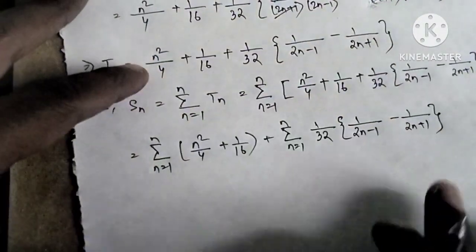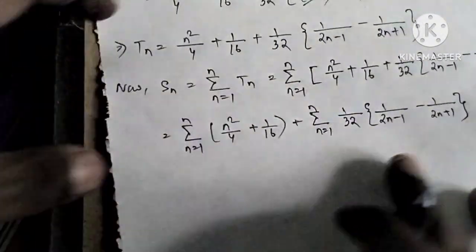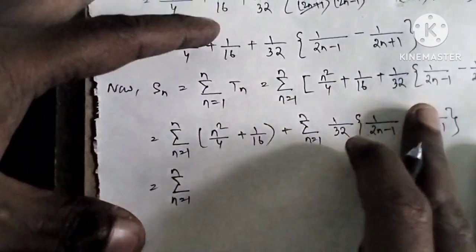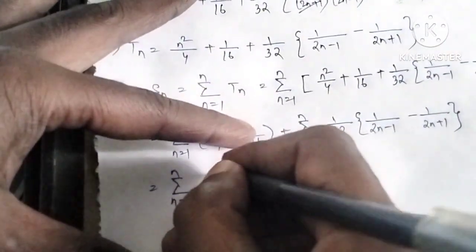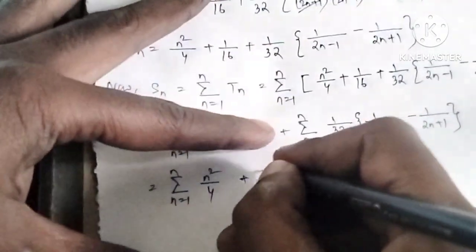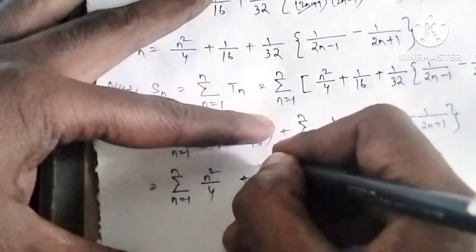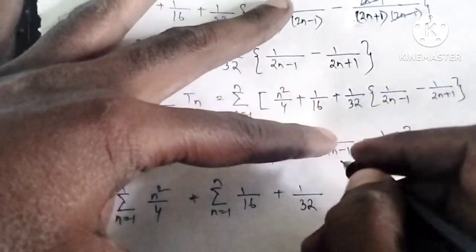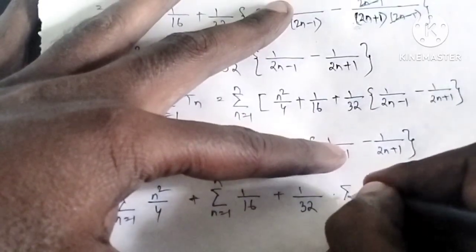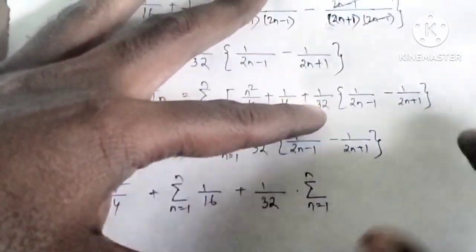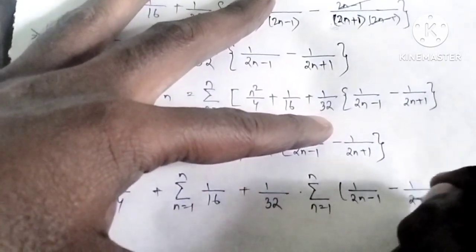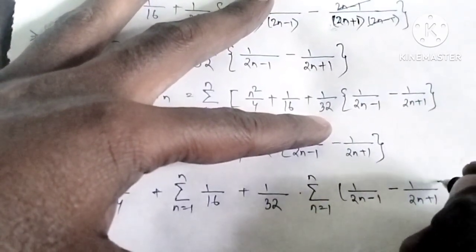Okay, so this will be n square by 4 plus 1 by 16 plus, this is the constant, this will come out, 1 by 2n minus 1 minus 1 by 2n plus 1.